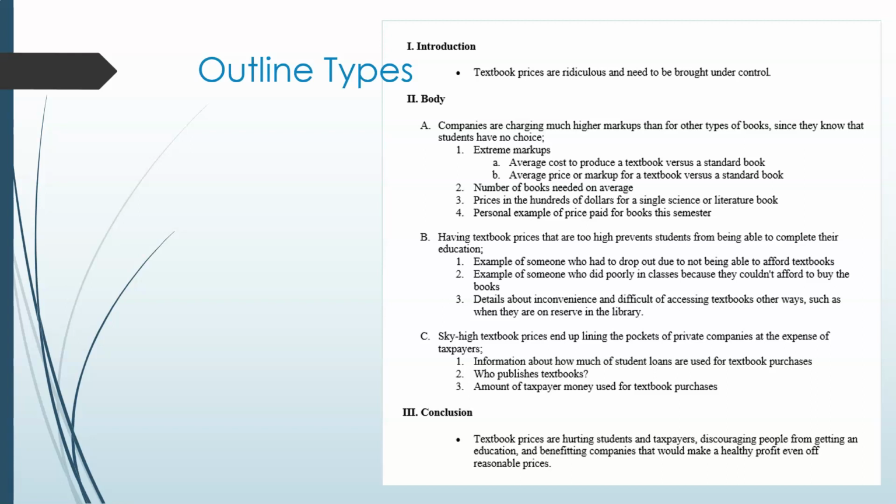The body of the essay uses the Roman numeral for 2 and then has a capital letter A for the first section, which is about the higher markups, with Arabic numerals for some ideas supporting it, and lowercase letters for details to support them. This type of outline lets you define the hierarchy and organize your thoughts logically. The key points are in the higher levels, with details, support, and less essential information in lower levels.